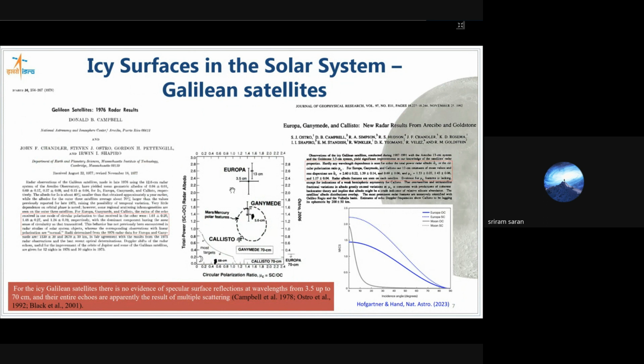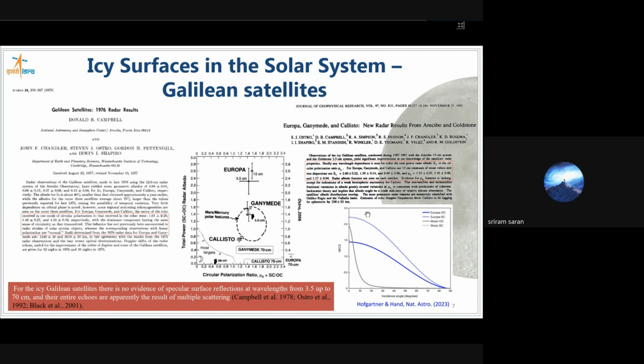And the figure in the center compares all these icy surfaces with typical dry surfaces such as the moon. As you can see that the Europa, Ganymede, and Callisto, they have very high circular polarization values as well as very high radar brightness. So the parameter on the y-axis is the total power, which is the radar albedo or brightness, and you can see the values for Europa.